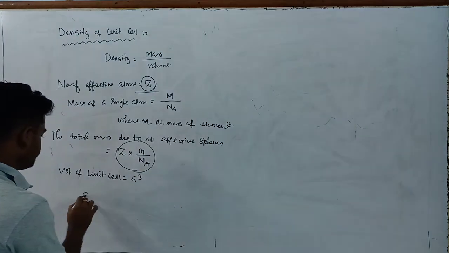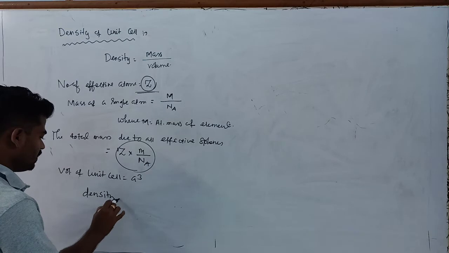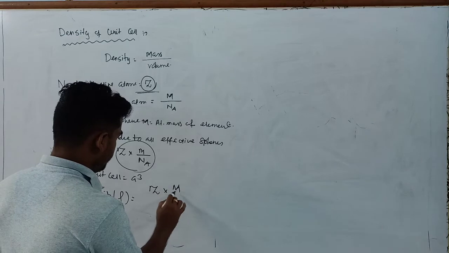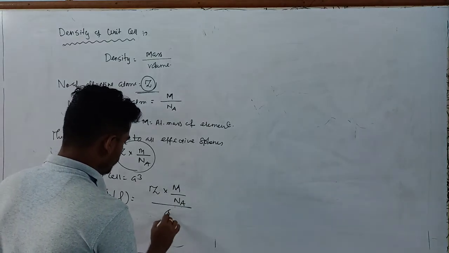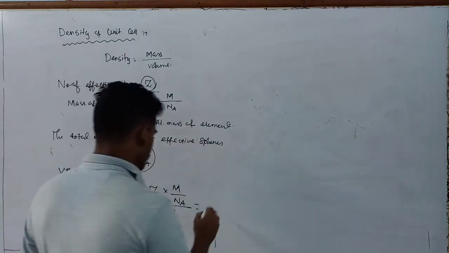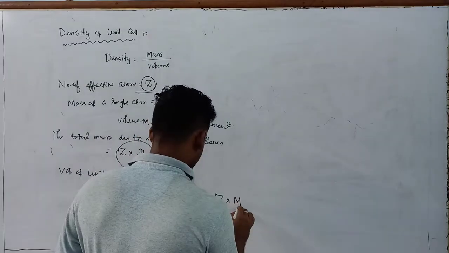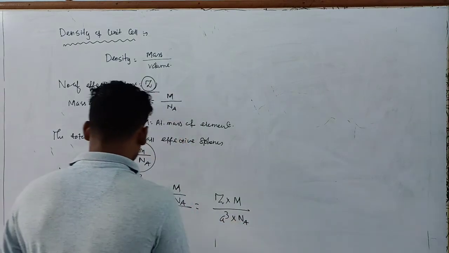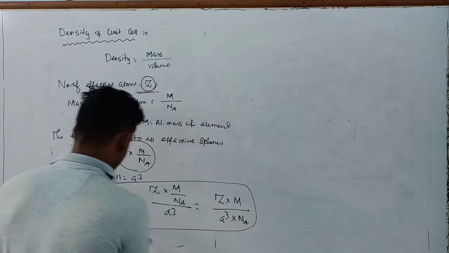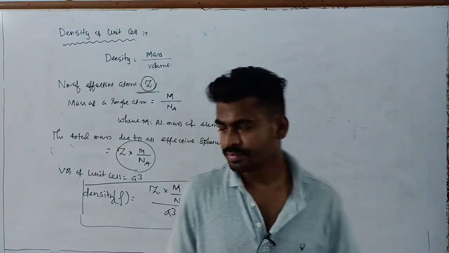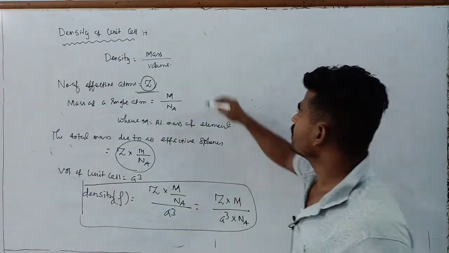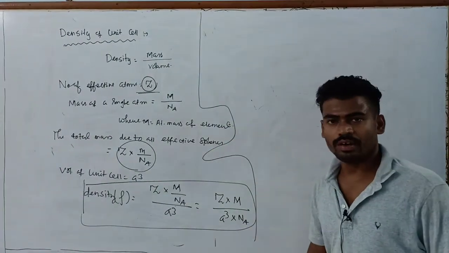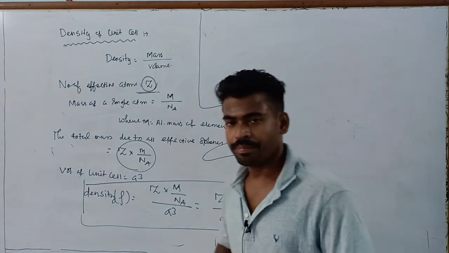So density rho is equal to mass by volume. So mass is Z into m upon Na, divided by a cube. So that will be equal to Z into m, atomic mass, upon a cube into Na. This is the expression for density of a unit cell. Clear? Z we have calculated for different types of unit cells. So this is the expression for density of a unit cell. Okay.